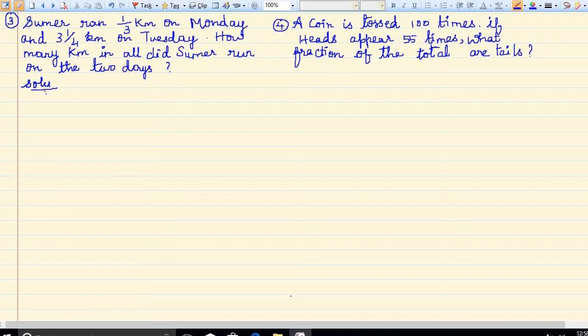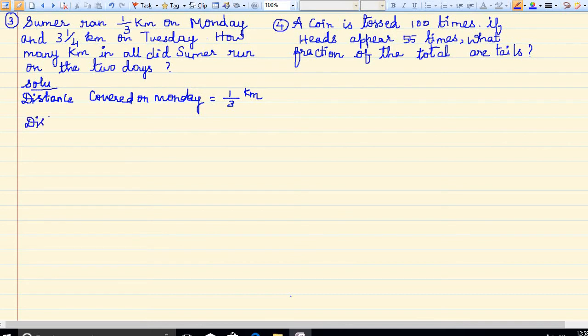Kilometer is the unit, so I can start with distance. Distance covered on Monday is equal to 1 by 3 kilometer.